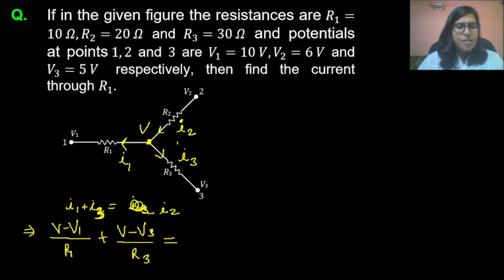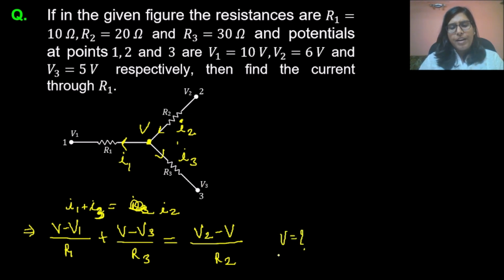So V minus V3 upon R3 will become equal to V2 minus V upon R2. Now if all values V1, V2, V3, R1, R2, R3 are given, we can find the value of V from here. Now the current in R1 will be V minus V1 upon R1.